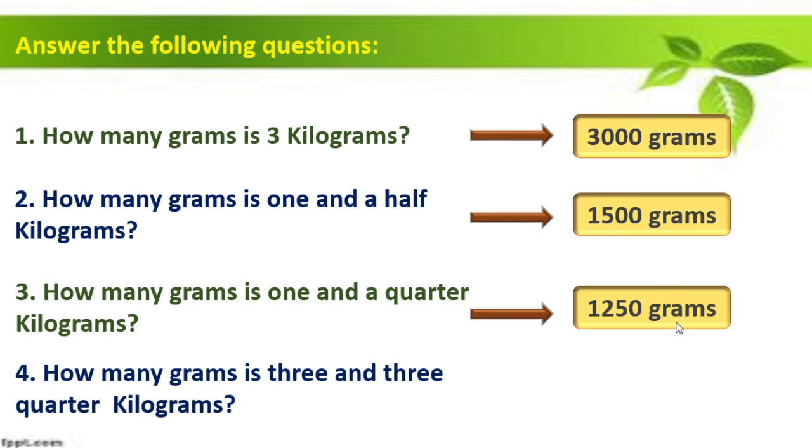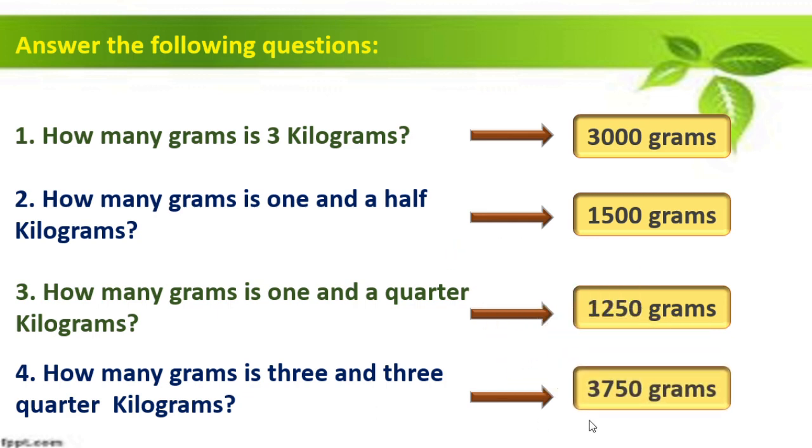Isn't it? Okay. Now here, how many grams is 3 and 3 quarter kilograms? 3 means 3000. 3 quarter is half plus quarter. That is, yes, correct. 3750 grams. Isn't it?